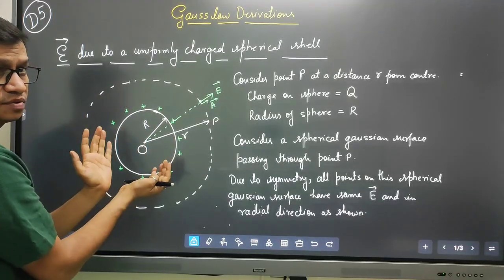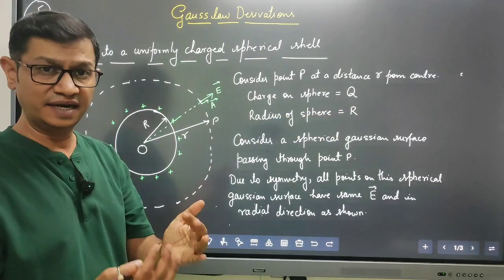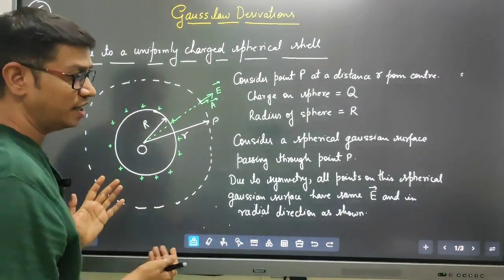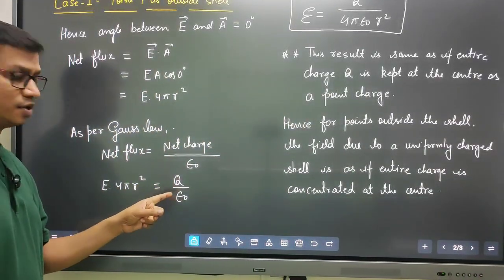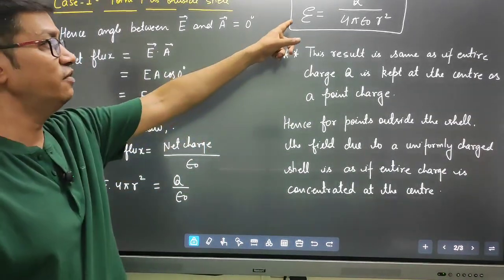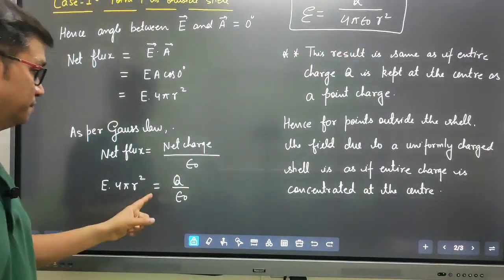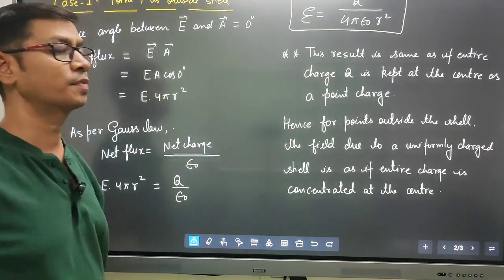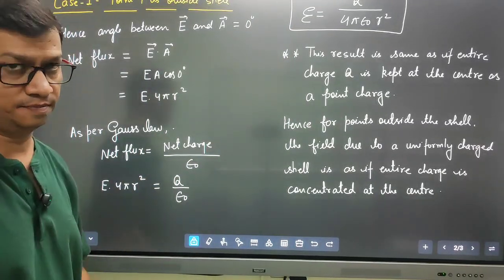So all the charge on the spherical shell is inside the Gaussian surface because this point P is outside, right? So the net charge would be capital Q, net charge is capital Q upon epsilon naught. So E would be Q upon 4 pi epsilon naught r square, right?